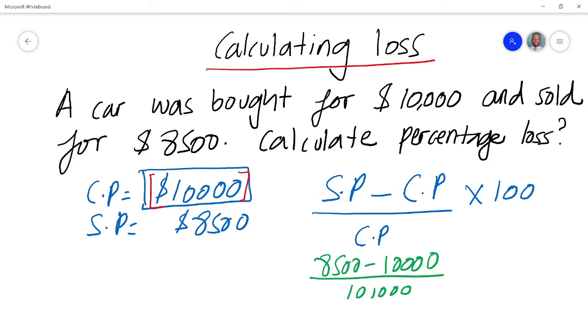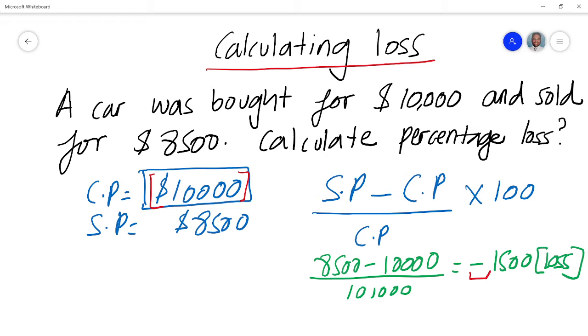You will notice that you're going to get a negative value, because 8,500 minus 10,000 is negative $1,500. That negative $1,500 will tell you that it's a loss. Why? Because of the negative value. The negative value tells you automatically that you've made a loss.